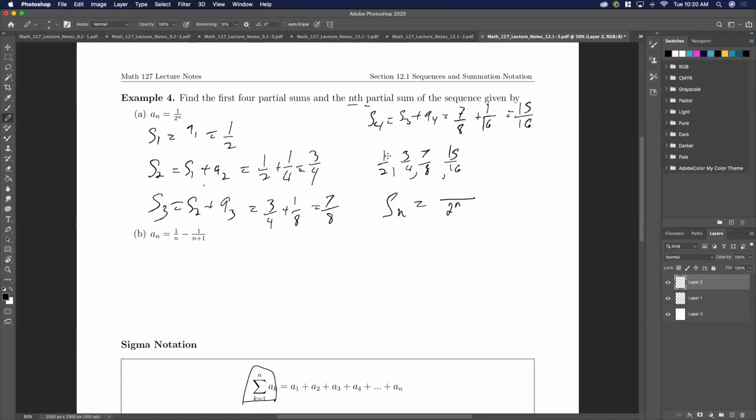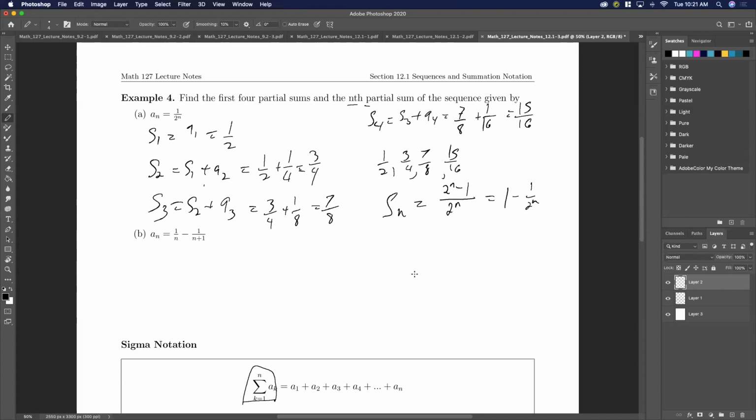On the top, we have the powers of 2, we're just 1 less than that. So it'll have 2 to the n minus 1. And it's perfectly fine to leave it here. Another way of writing it is you'll have 1 minus 1 over 2 to the n. And that's just simplifying this, because 2 to the n divided by 2 to the n is just 1. And then minus 1 over 2 to the n is just 1 over 2 to the n.